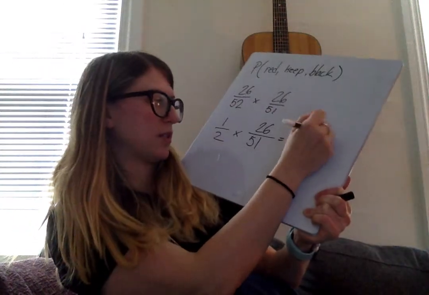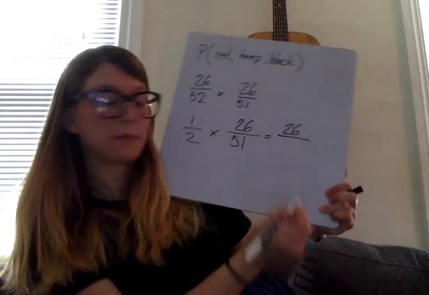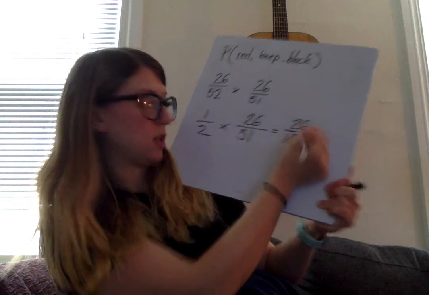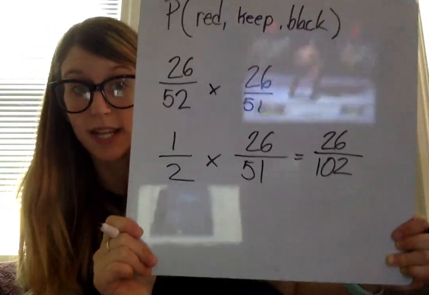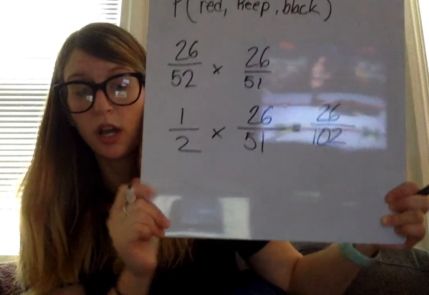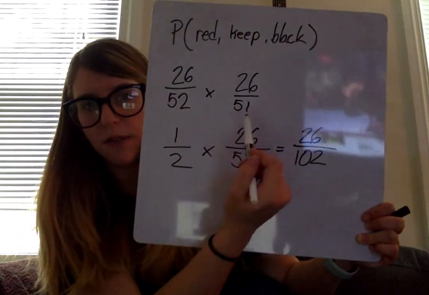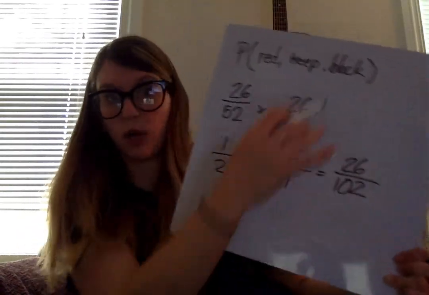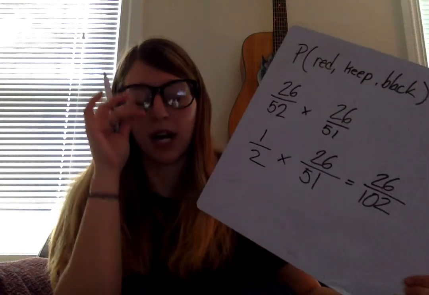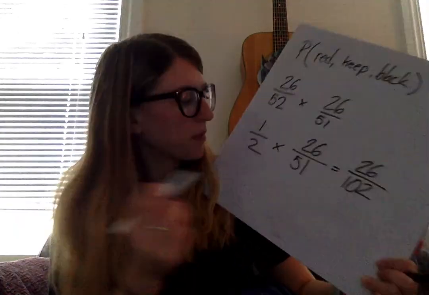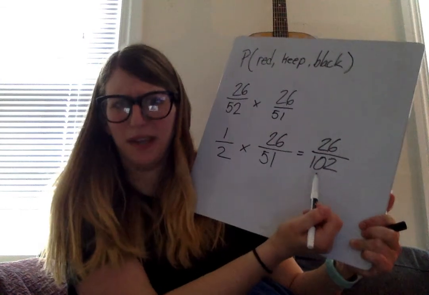1 times 26 is 26. 2 times 51 is 102. If you got this as an answer, cool. If you multiplied the 26s and the 52 and the 51 and got a really big number on the top and the bottom, I accept that too. But let's focus on this.